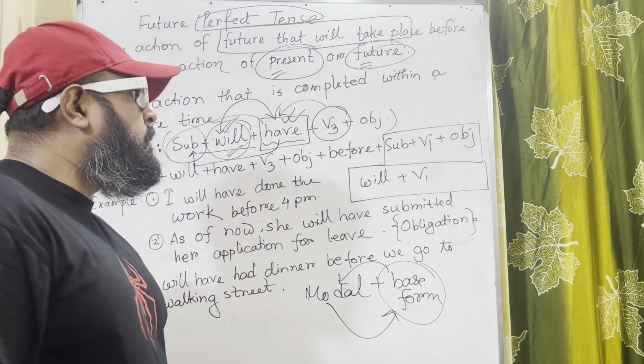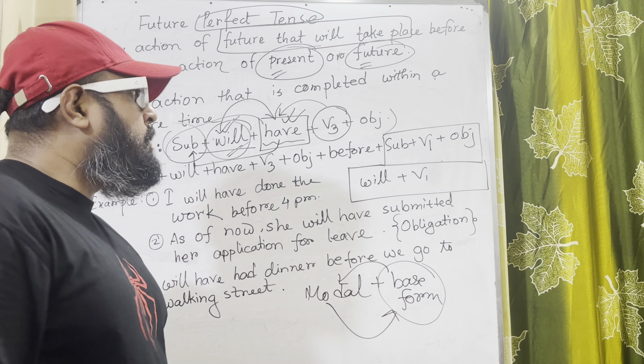This is the structure of future perfect, but here we use this structure as our clause number 1, and we connect this clause with the second clause with the conjunction before, and then comes clause number 2. Here this clause belongs either to simple present or simple future.